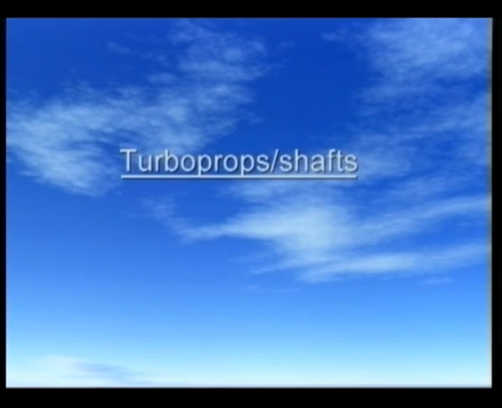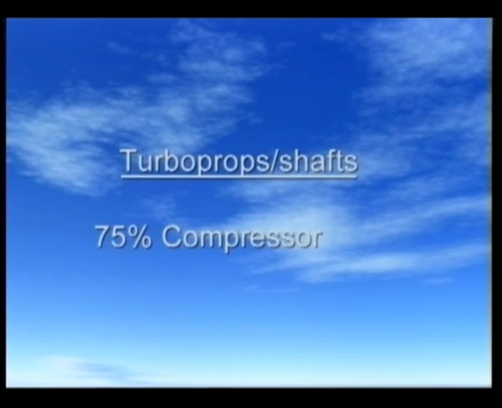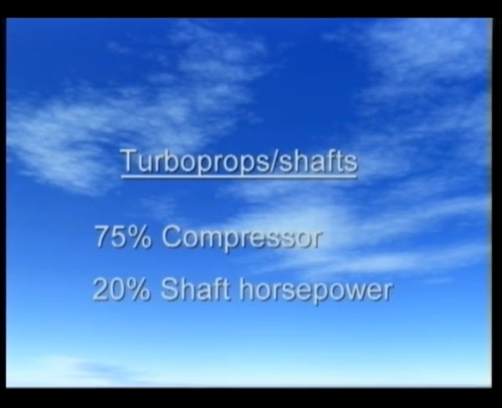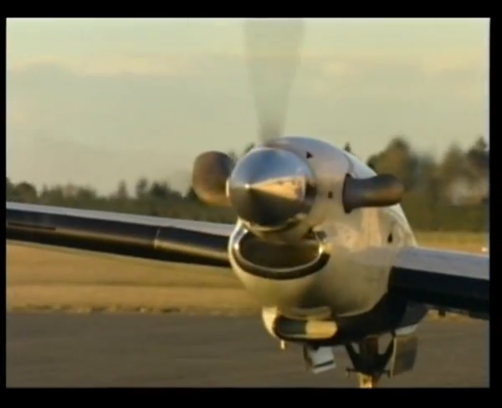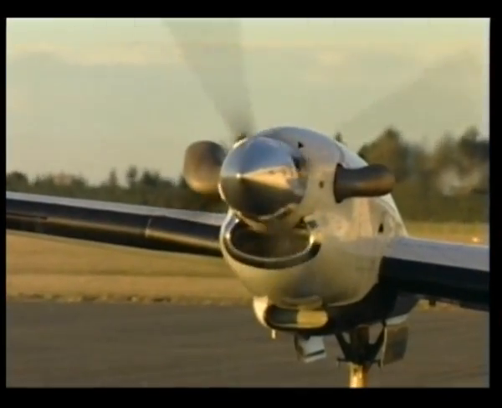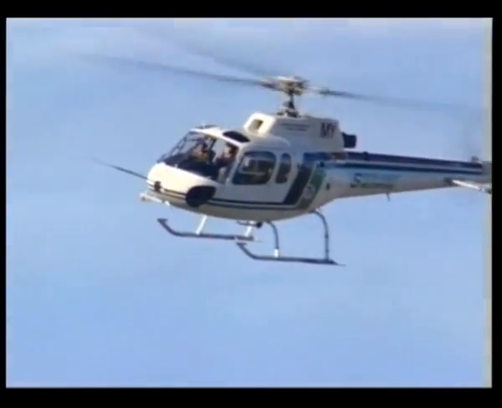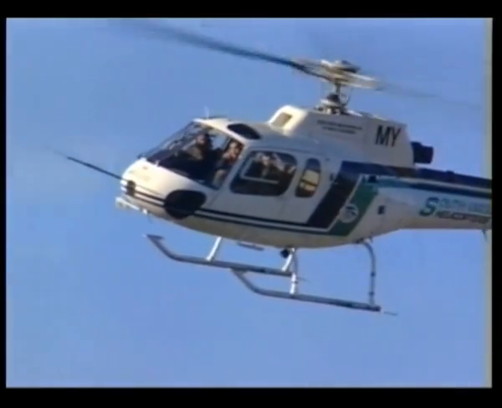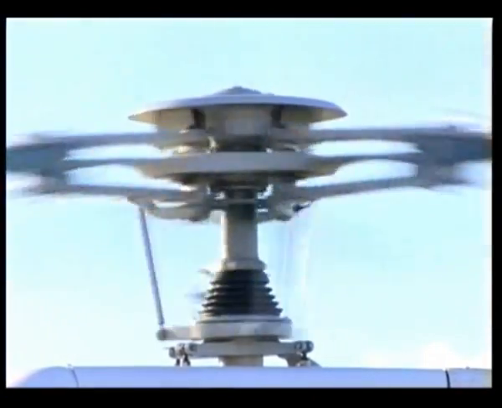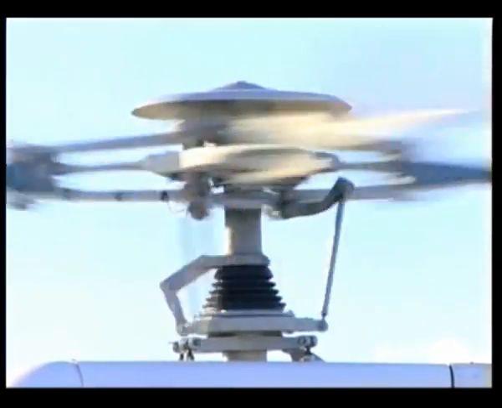Turboprops and turboshafts: approximately 75% drives the compressor and 20% provides shaft horsepower. On turboprops, residual energy provides thrust, but on turboshafts it is lost. Most shaft drive turbines have several stages of blading in order to extract as much energy as possible.